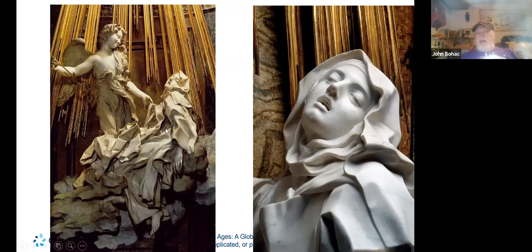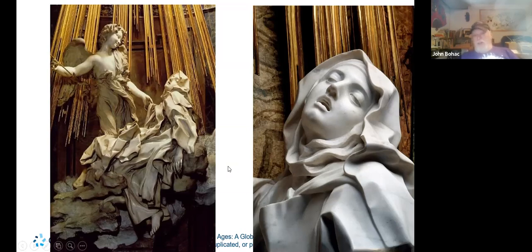And despite whatever medical condition caused her this great pain and suffering, she saw this as a blessing. And that was a sign from God. And she wrote about this extensively. And you can look this up. I mean, my wife is a lay Carmelite.